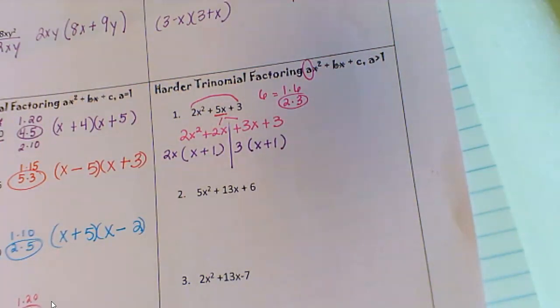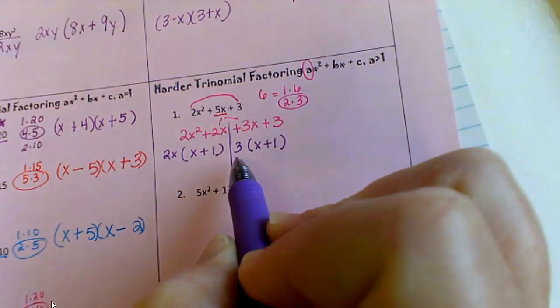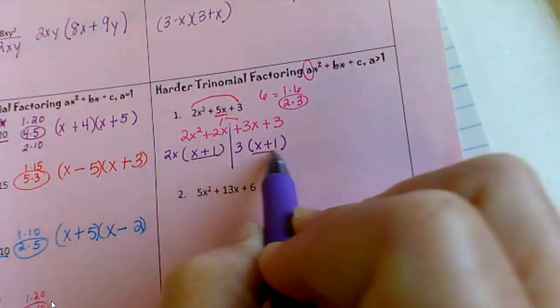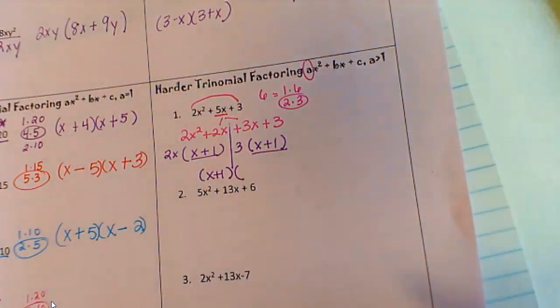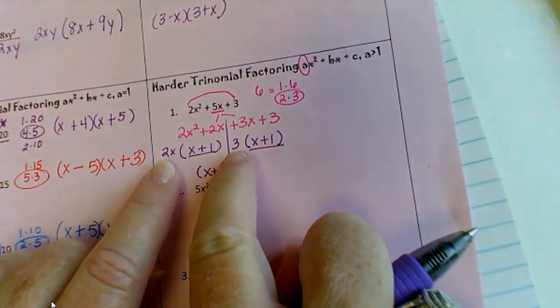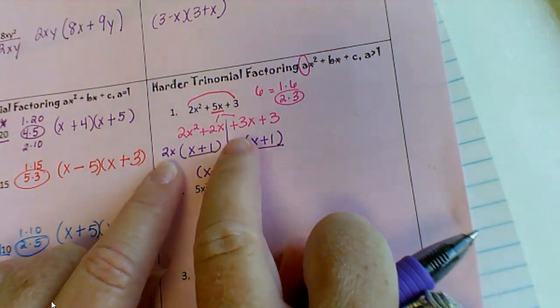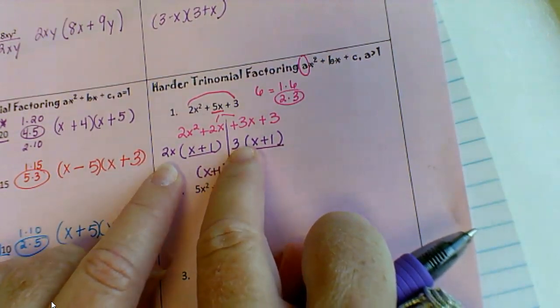If you don't get the same thing in parentheses, either it doesn't factor, or you did something wrong, like plugging something in wrong, or the greatest common factor was wrong. Those two things have to be the same. When you write out your answer, the thing that's the same, you factor that out. That's the first part of your answer. And then whatever the greatest common factor was in the two parts, that's the other part of your answer.